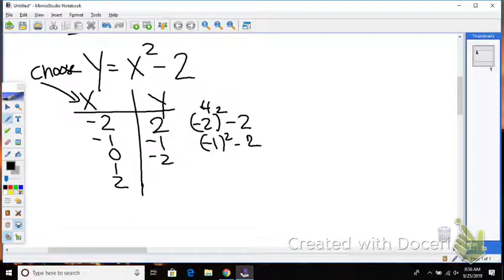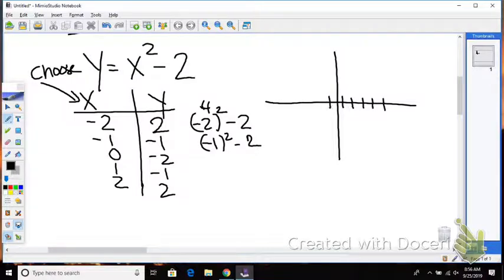And what are we going to get when we plug in 1 and 2? Yeah, -1. And then 2? 2. So all we did was what we did for the bell ringer. We didn't do any new math. We just plugged in x's and we got our y values. So now we're going to plot these points to actually see what the shape of the graph is.